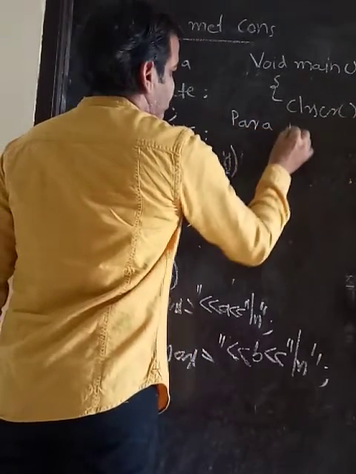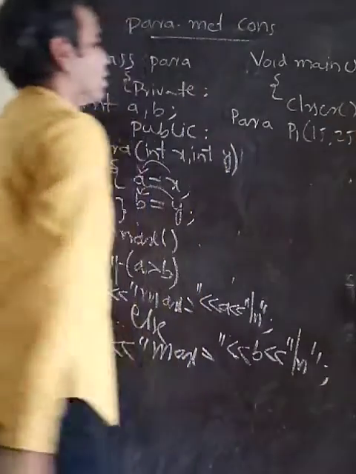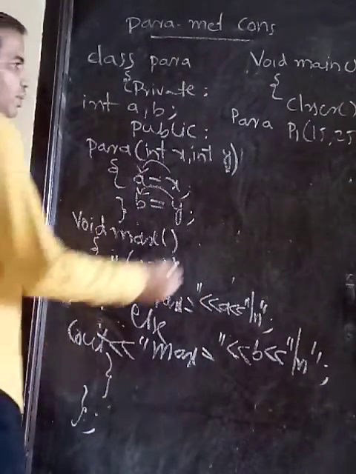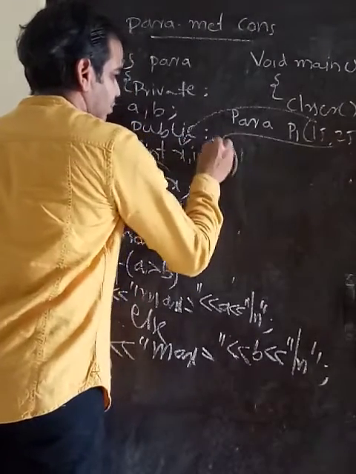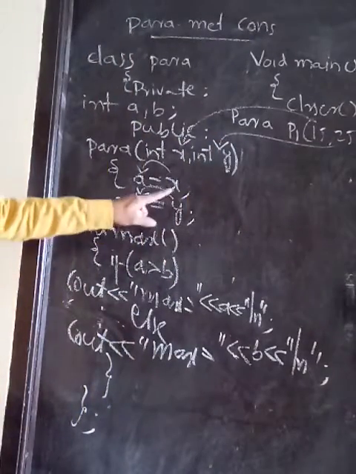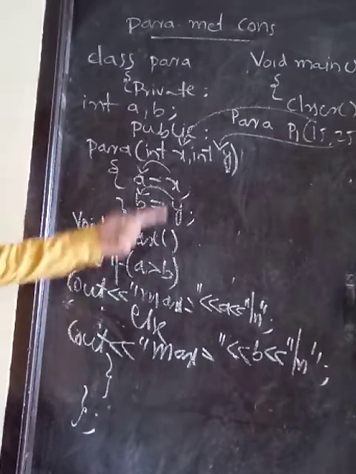Para P1 is the object, and I am passing 15, 25. 15 will be received by x, 25 will be received by y. The x value we are assigning into a, the y value into b.